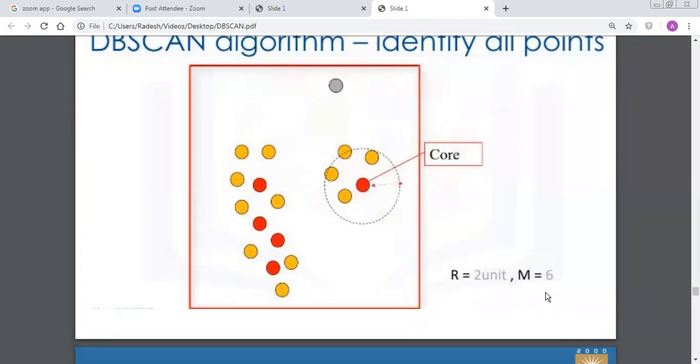Right. If this is the case, then I would have mentioned m equal to 5. Yes, sir, but core point is 1. Yeah, because I have represented it as a core point, m can be 5 or something. It is up to us what minimum we need to mention, whether it can be 4, 3, 5. The lower, the better.